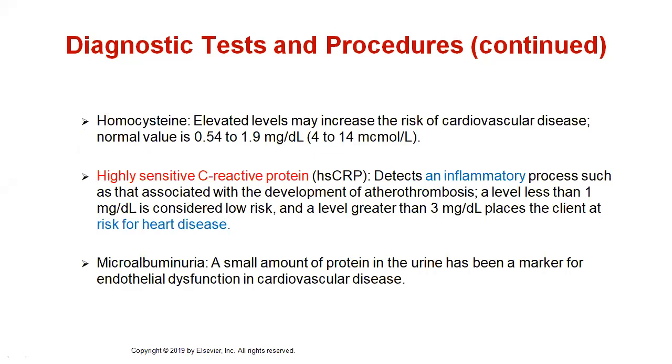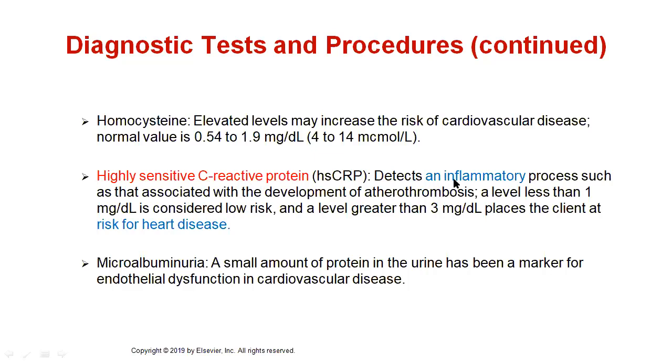So if anybody's level is elevated, it may indicate the risk of cardiovascular disease. Another one is called highly sensitive C-reactive protein. If the C-reactive protein is elevated, it increases the risk of inflammatory heart disease.